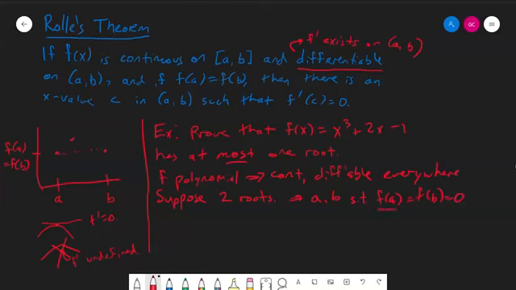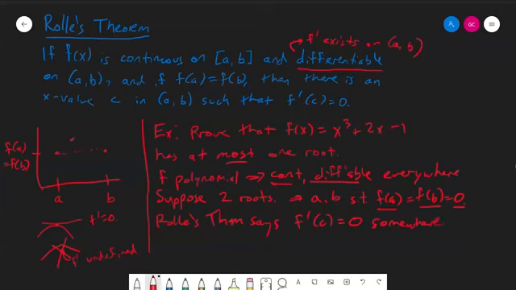So I have 2 inputs that give me the same output. I have a continuous differentiable function. And so then Rolle's theorem says that f prime of x is 0 somewhere, that there's some x value c where the derivative is 0. So somewhere.